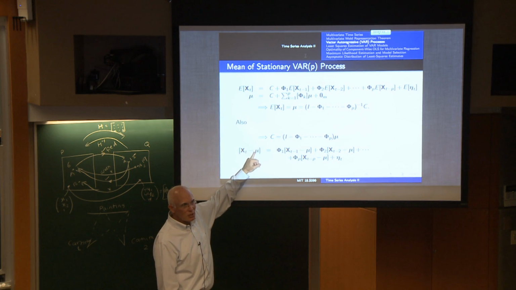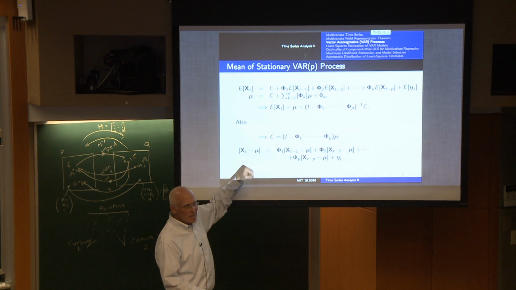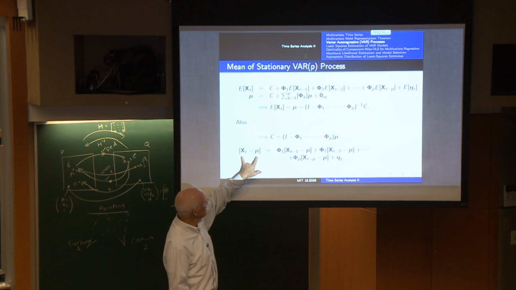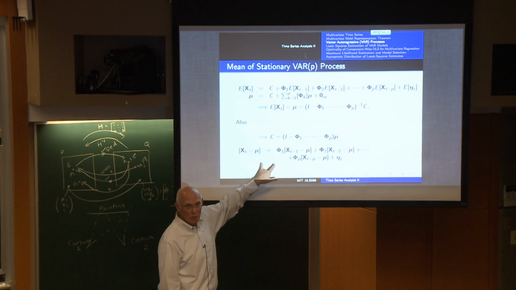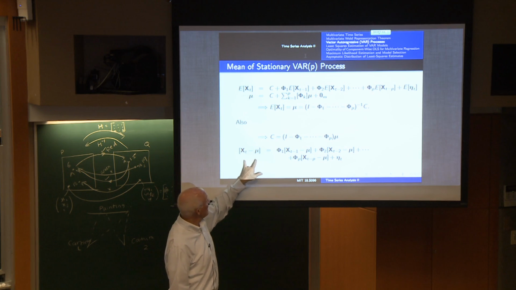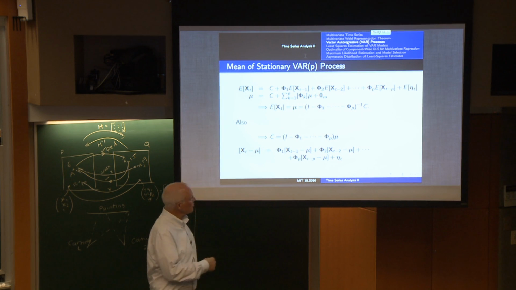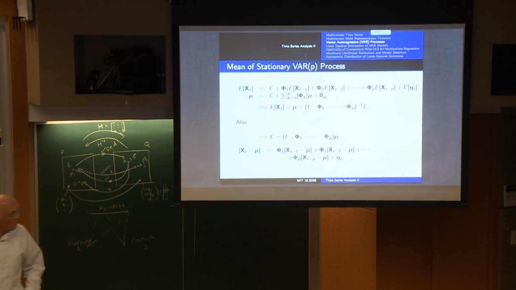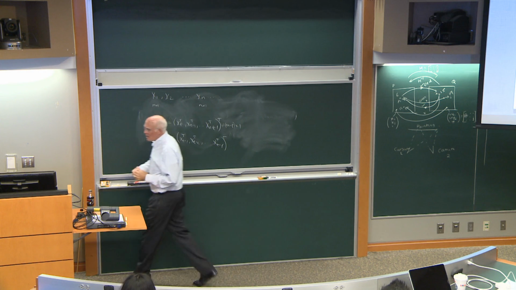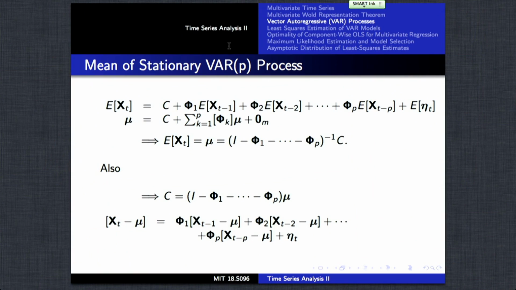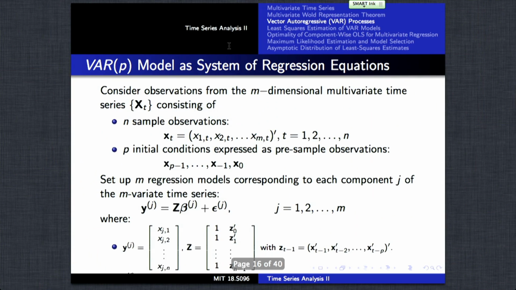If we've demeaned the process, there's basically no mean term, there's 0. And so the mean adjusted process x follows this multivariate vector autoregression with no mean, which is actually used when this is specified.